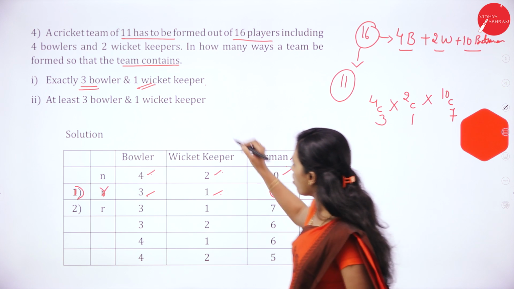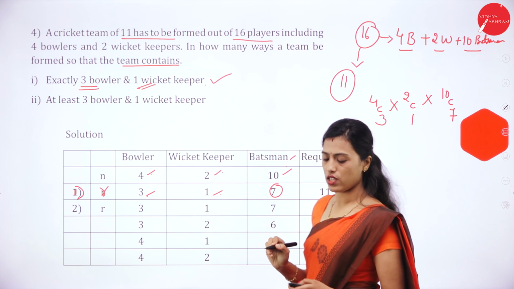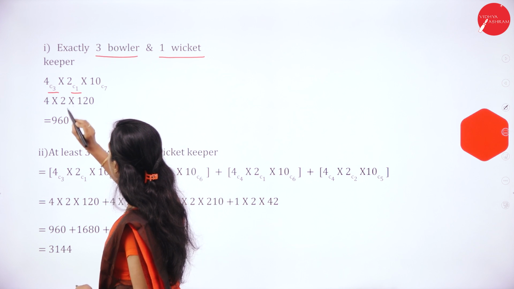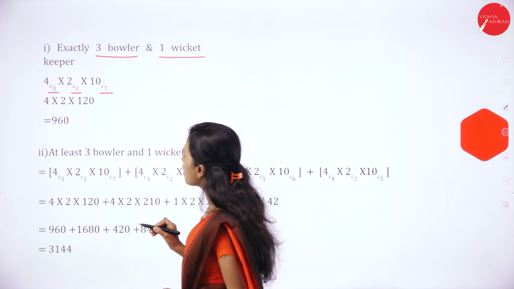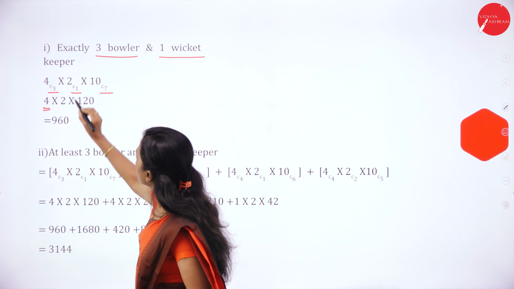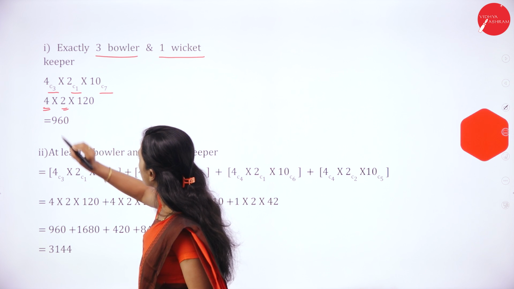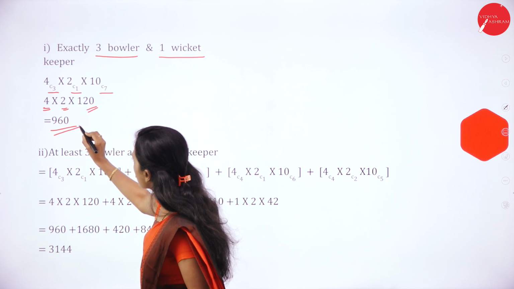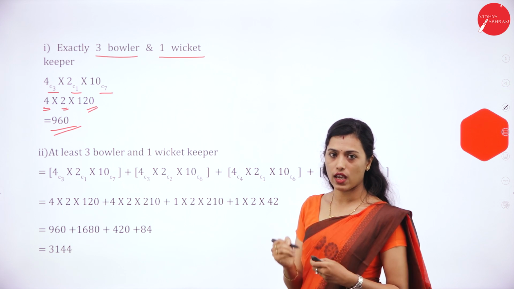This is the equation for the first question. So 4C3 will get 4, 2C1 is 2, 10C7 is 120. So it is 960 ways.